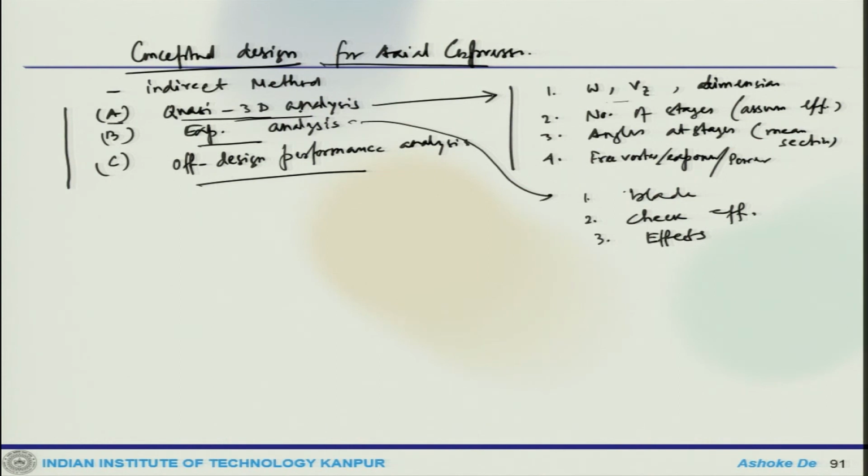So, in a quasi 3D analysis, it starts with some 2D analysis where you assume certain parameters like speed, axial velocity, dimensions and all these, then calculate some of the other parameters, and then go to the experimental analysis where, assuming those blade parameters, you do the testing and check the efficiencies, the compressibility effects, such things, and finally the off design performance analysis. So, this is how the conceptual design is done, and we will look at some of these systems in slightly more detail in the subsequent lectures.